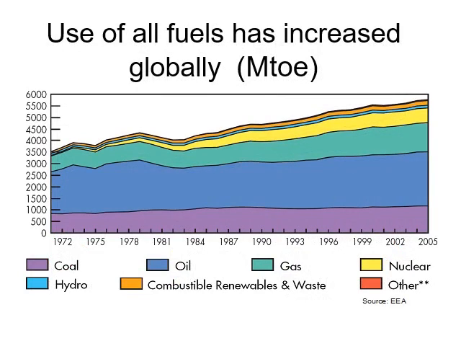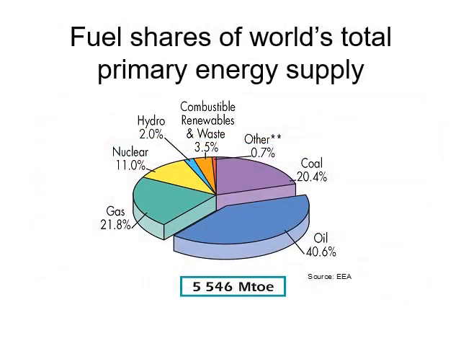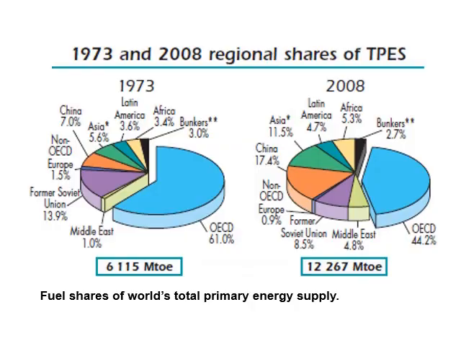Now, the fuel used to produce this energy comes from coal, oil, and gas, mainly oil, gas, and coal. Most of the energy sources consume these types of resources. As you can see here, coal 20%, oil 40%, gas 21%, which is more than 80%.